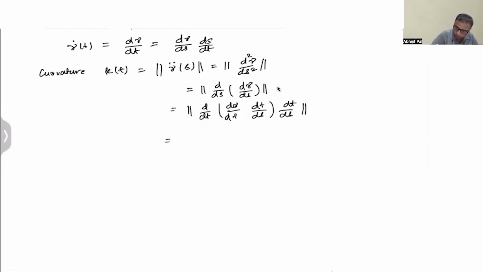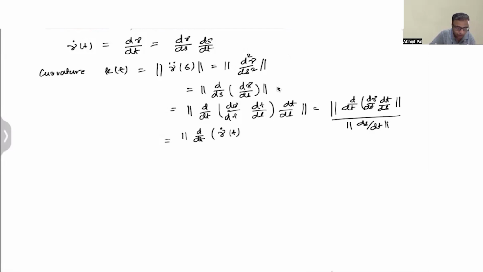Now this can again be written as follows: the norm of d/dt of gamma dot(t) divided by ds/dt, divided by the norm of ds/dt.